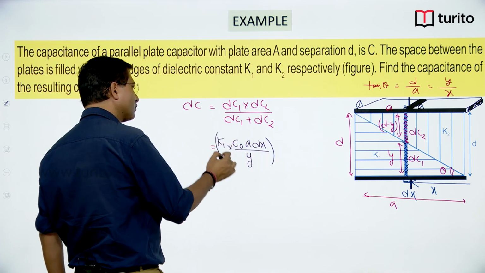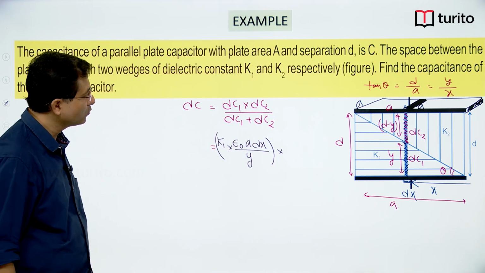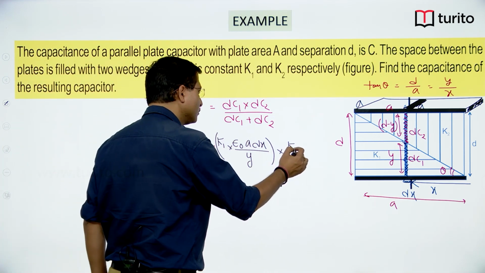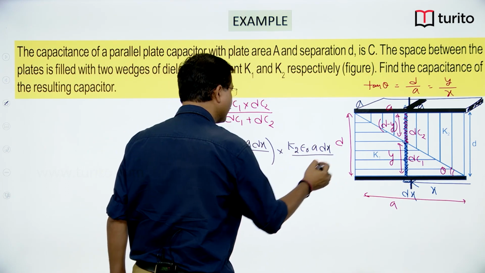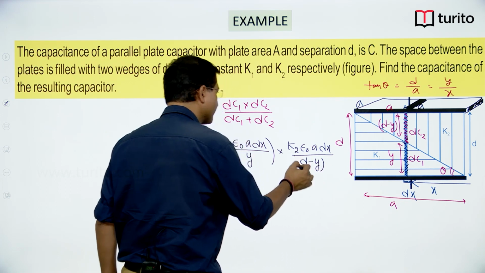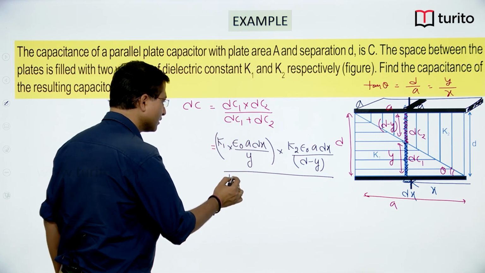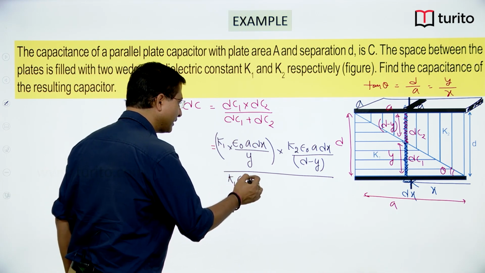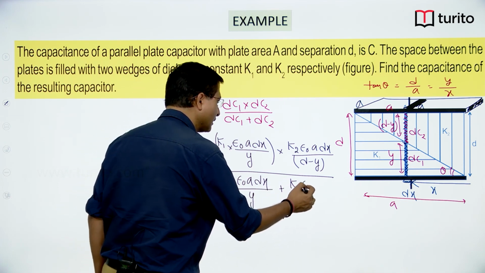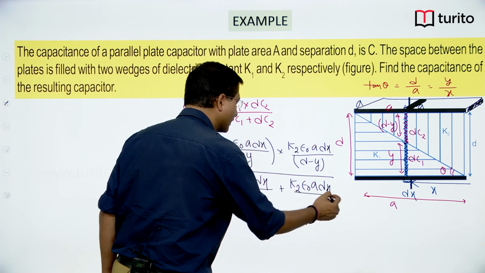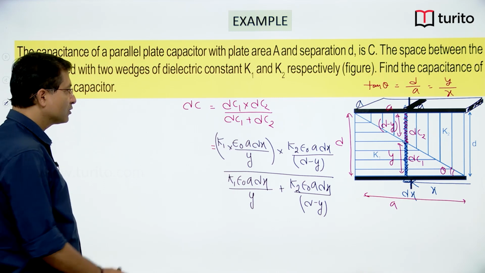So dC1 is this. Similarly I can write dC2, this will be K2 epsilon naught a dx divided by d minus y, and this you need to add. So K1 epsilon naught a dx divided by y plus K2 epsilon naught a dx divided by d minus y, right. This is dC.